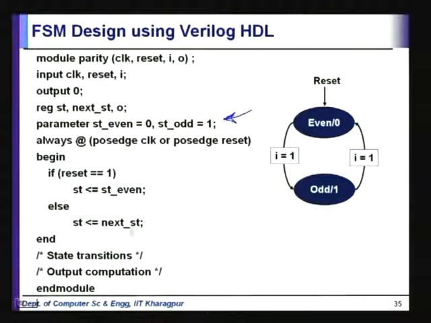Because we want to take the steady state value of next state. Remember that there are several concurrent always blocks, and they can get executed in any order. I don't want the changed value of next state to be assigned here. I want the stable value of next state from the previous simulation cycle to be assigned here.